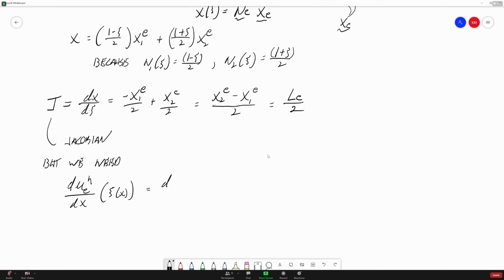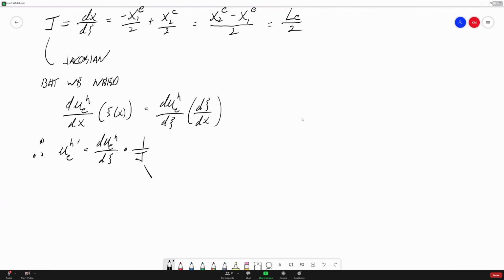We're going to say that's equal to du^h/dpsi times dpsi/dx. Therefore, u^h prime is equal to du^h/dpsi times 1 over the Jacobian.